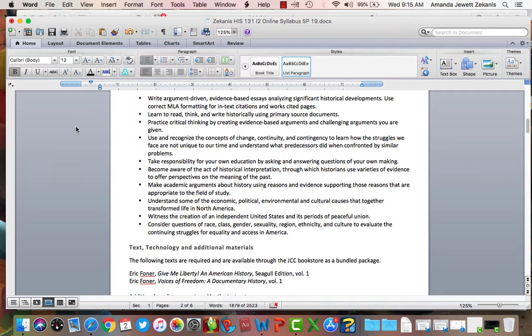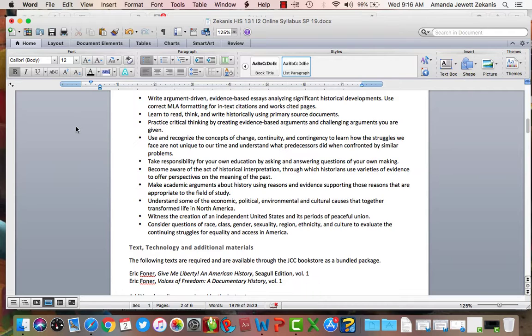No, you will be comparing multiple sources and trying to find the truth through that comparison of sources, and critically thinking about the arguments that you're being given, which also means challenging arguments that you're given, even mine. If you have evidence that supports a different argument, do it. Challenge me.